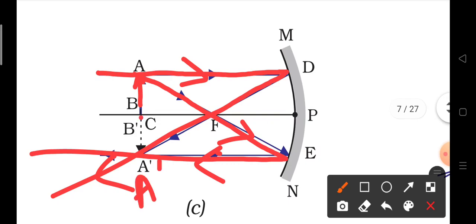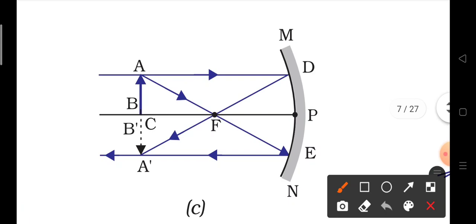That is why the image is formed over here, and the image again is real and inverted, but it is of same size. Here you are able to see the size of AB and A dash B dash are the same, and the image is formed at the same point where the object is placed, that is the center of curvature.